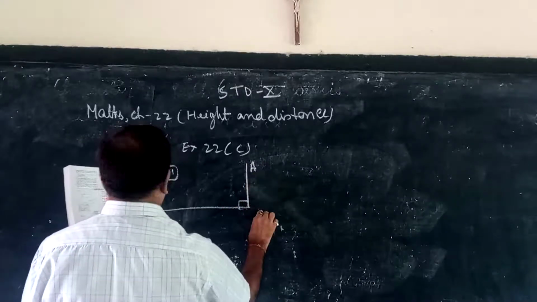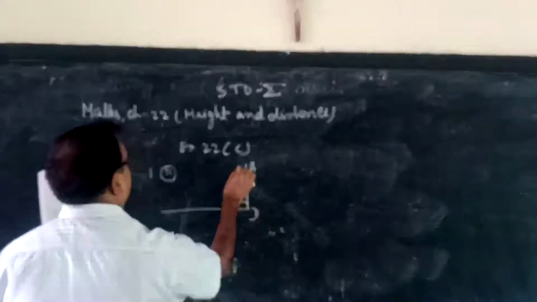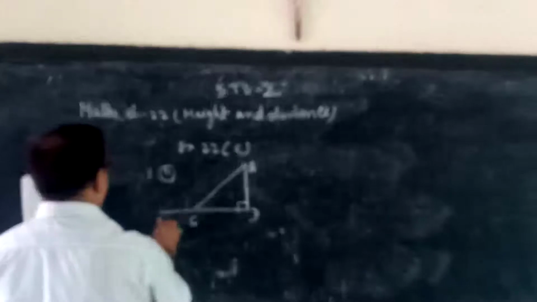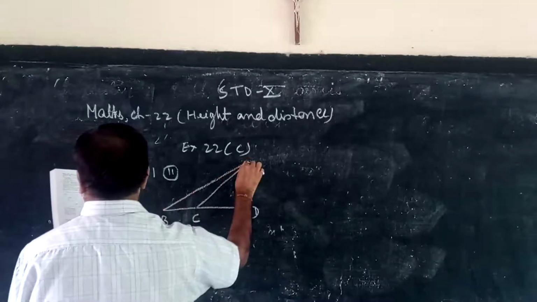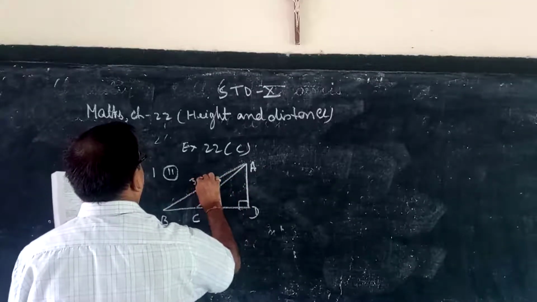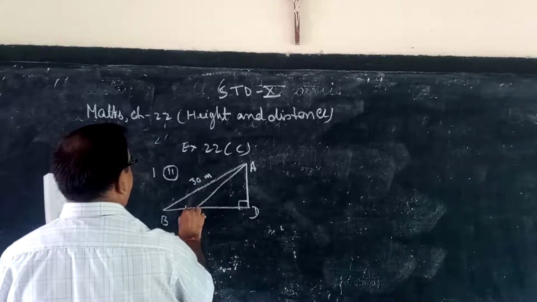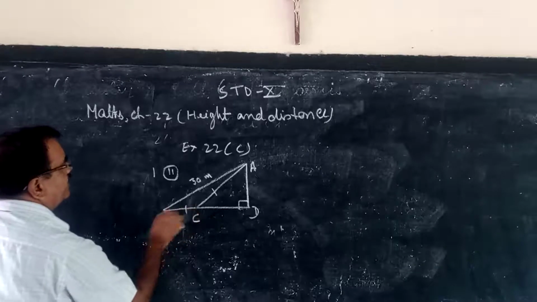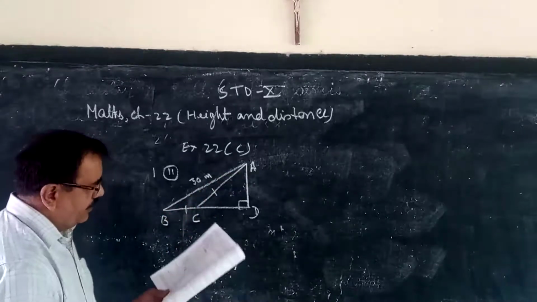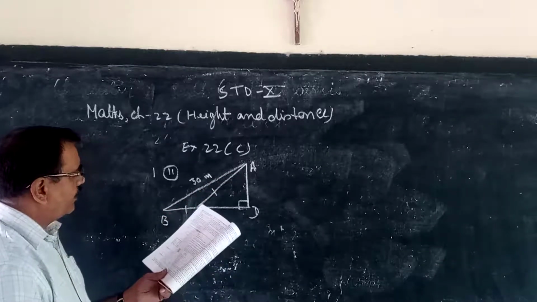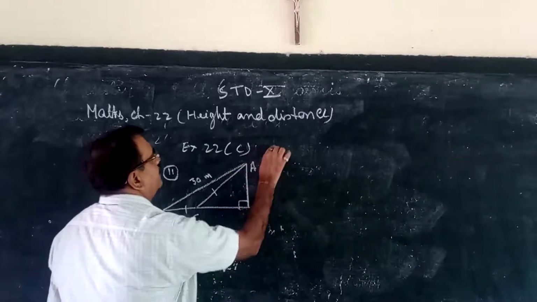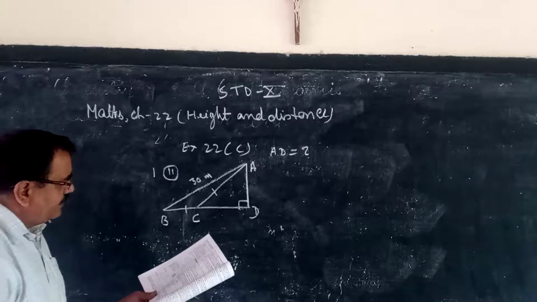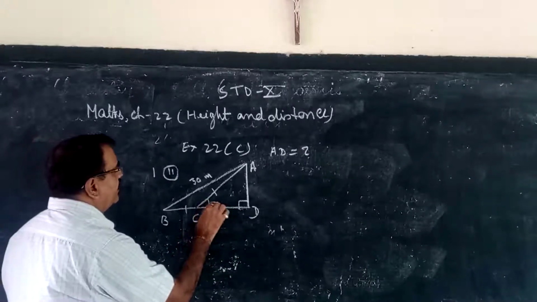This is A, D, C, B. This side is given 30 meter, and this side and this side are given equal, which means BC and AC are equal sides. Then what do we have to find? We have to find AD. And the angle mentioned is 48 degree.